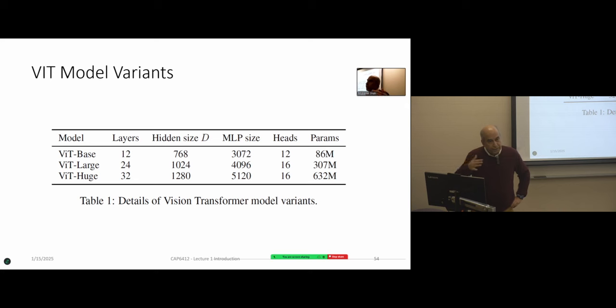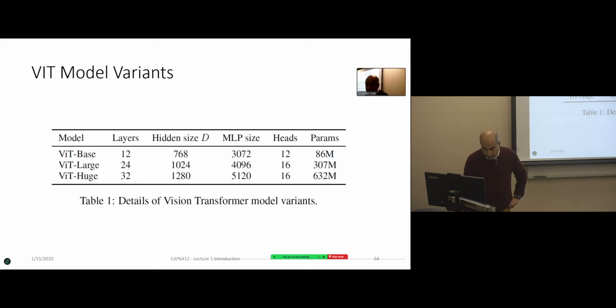The structure is the same, you just keep adding more layers. More layers means more parameters, and you can learn more. But in order to learn those, you have to have a lot of data. As you see here, the base is 86 million parameters, but the huge has 632 million parameters.